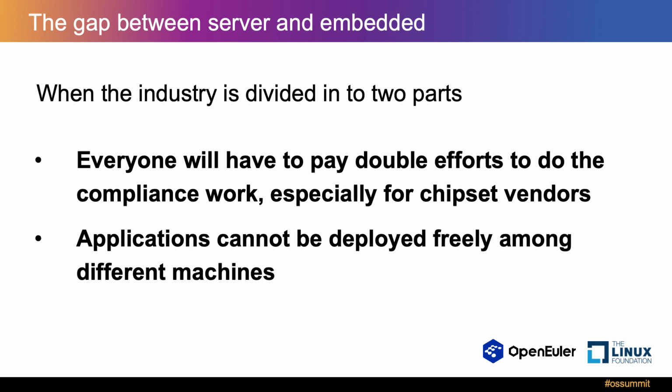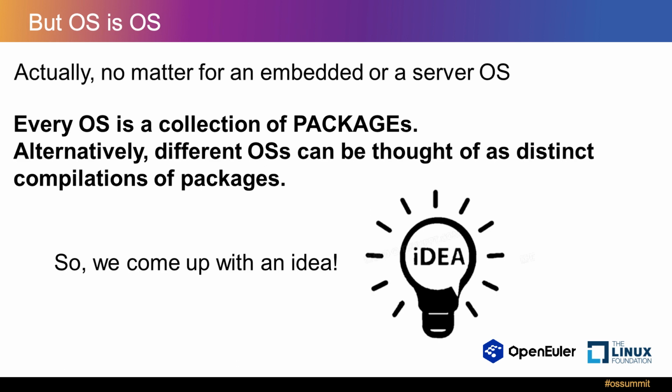Also, for application developers, the application cannot be deployed freely among different machines and OS platforms, also due to different build toolchain and different trees. But when we step outside, the main idea for operating system is to hide the details for hardware and to provide a uniform platform for applications and users.